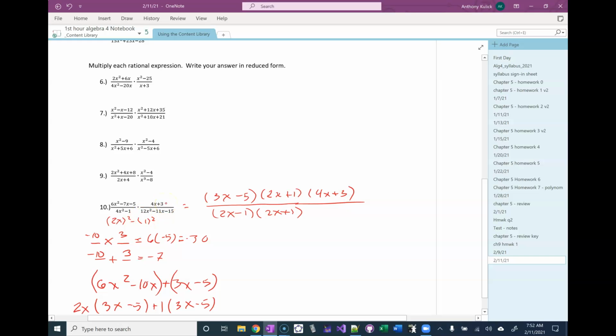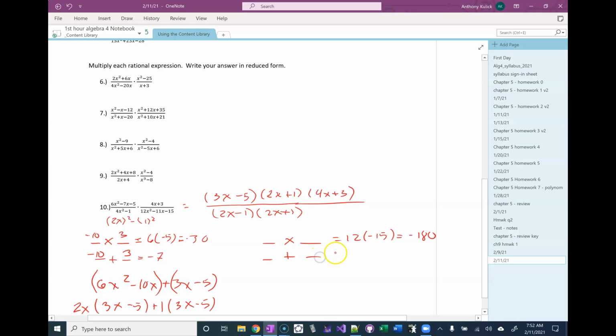And then 12x squared minus 11x minus 15. Much like the first numerator, I'm going to look for the two numbers that multiply to give me 12 times -15, and at 8 o'clock in the morning, I'm going to double check that on my calculator. It's -180.